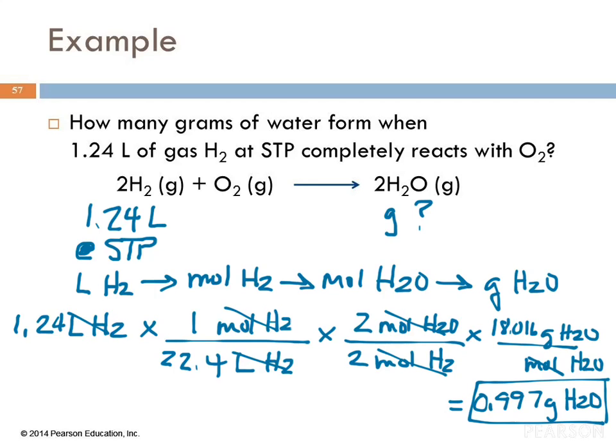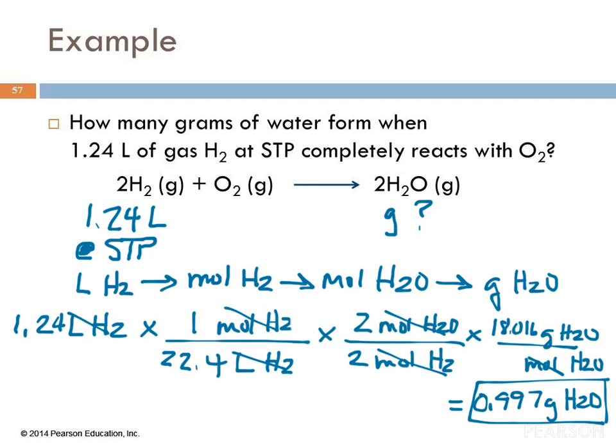Yes? Where does 22.4 come from? Good question. That's the molar volume of a gas at STP. We just introduced that a few minutes ago. So that's a new thing. That's an often overlooked conversion factor.